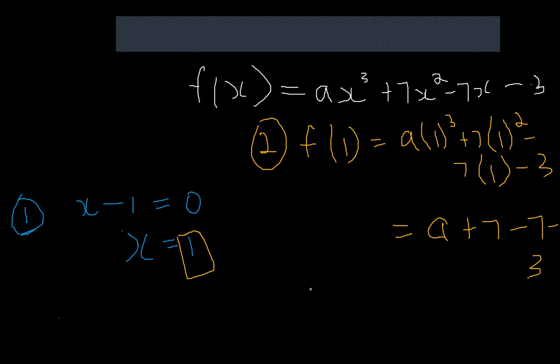So what my remainder is equal to, if these cancel, is a minus 3. That is my remainder for this question. Everybody good?